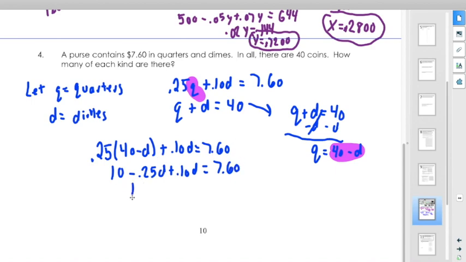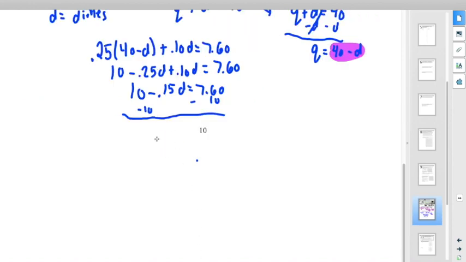Simplifying this down, this is going to become 10 minus 0.15D equals 760. I want to get D by itself, so I'm going to subtract 10 from both sides. All right, subtract 10. So then I have negative 0.15D equals $7.50.